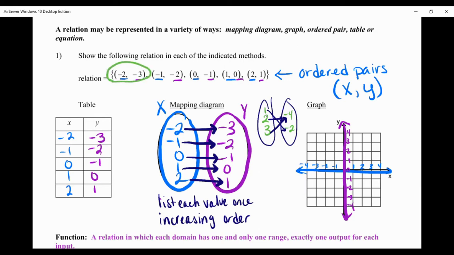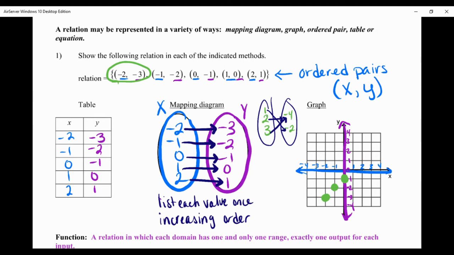So we'll start with -2, -3. Go to -2 on the x-axis and go down 3. This ordered pair represents when x equals -2 and y equals -3. -1, -2. 0, -1. So when x equals 0, y equals -1. 1, 0.